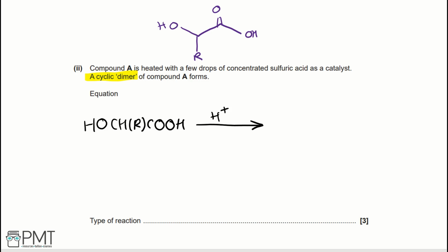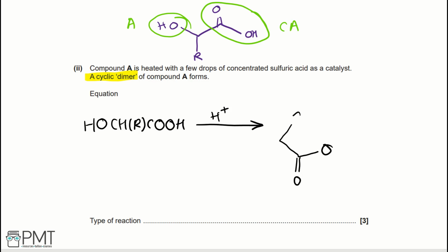This is going to form because we've got a carboxylic acid and an alcohol. If I label those groups, we've got a carboxylic acid here, which I'll just write as Ca, and an alcohol there. That's going to form an ester group. If we're having a dimer, and a dimer means that it's 2 identical groups attached, it's going to look a bit like this with our partial A attached either side.